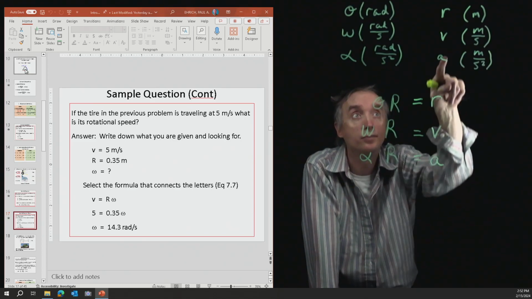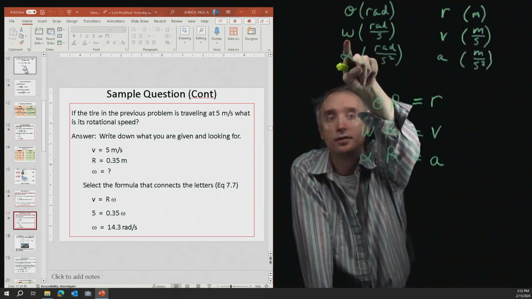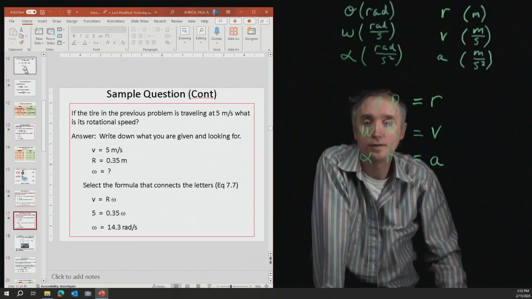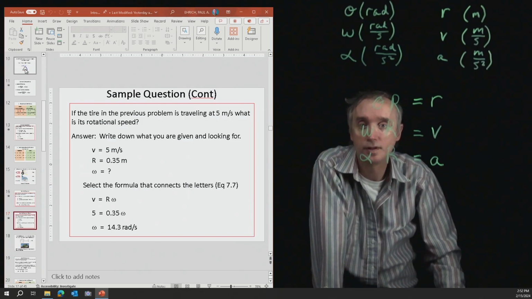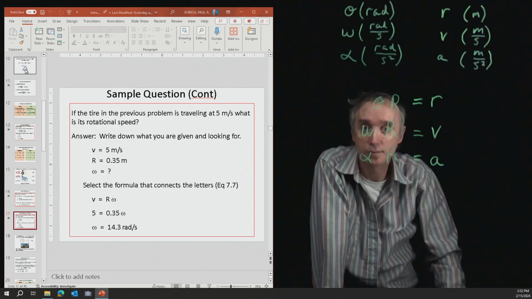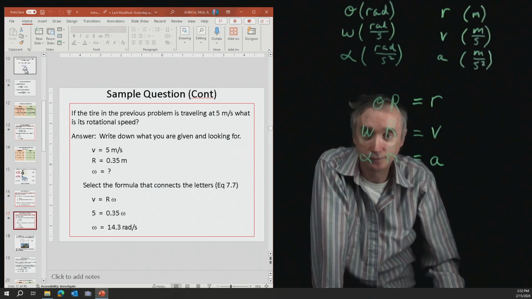Okay, so this time we're going to know this thing, and we need to find this thing over here. We need to find the rotational speed. Okay, so we're given the linear speed is 5 meters per second. We know that the radius is 0.35 because it was the previous problem. We're trying to find the omega.